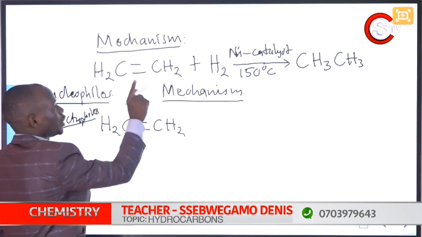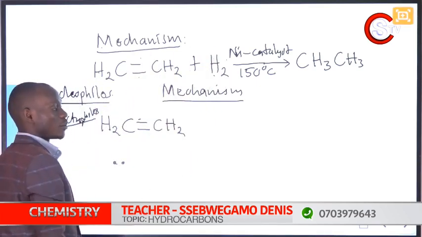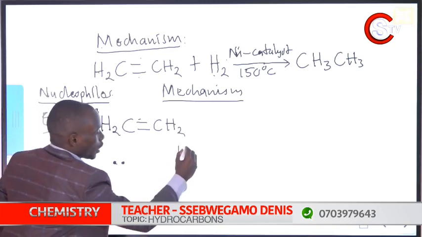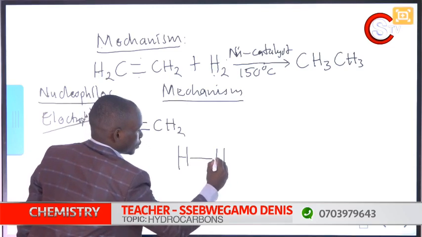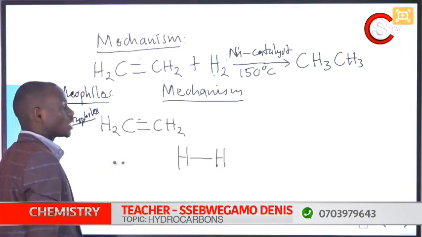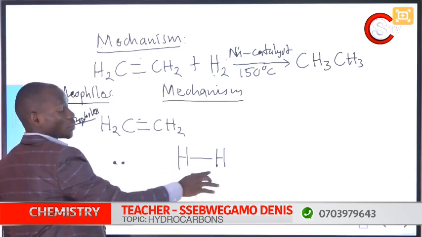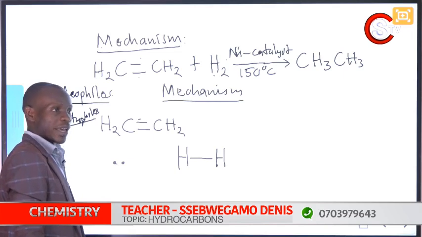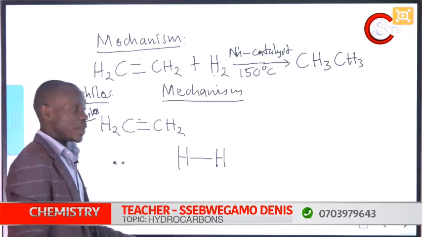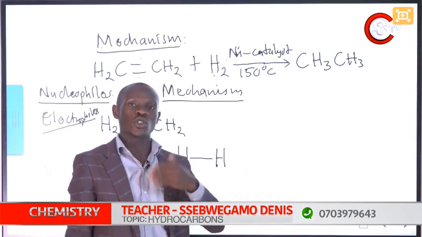Now if I look at the hydrogen, because ethene is reacting with hydrogen molecule, I can simply put it like this. Now what happens? We take an assumption that the 2 hydrogen atoms have different electronegativity values. By electronegativity, I simply mean the tendency of an atom to withdraw bonding electrons towards itself.